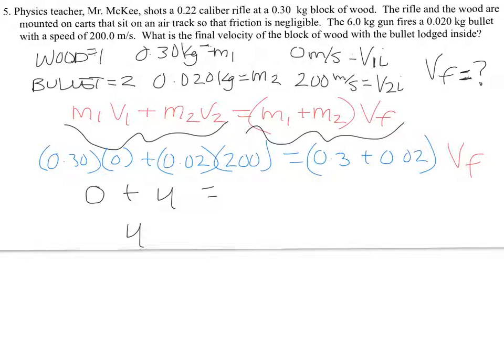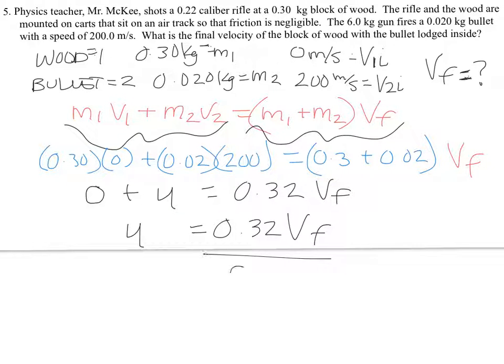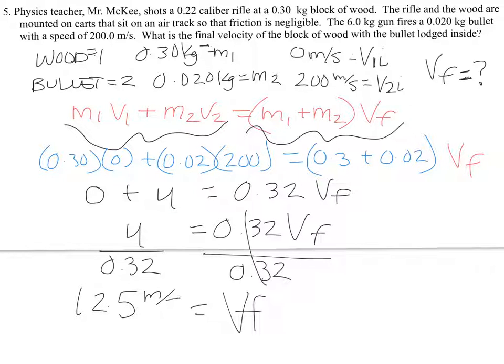0.3 plus 0.02 is 0.32 times the final velocity. Let's bring that down into our equation so it's looking better. Now I'm going to solve for our final velocity. Cancel that out, and my final velocity ends up being a positive 12.5 meters per second.